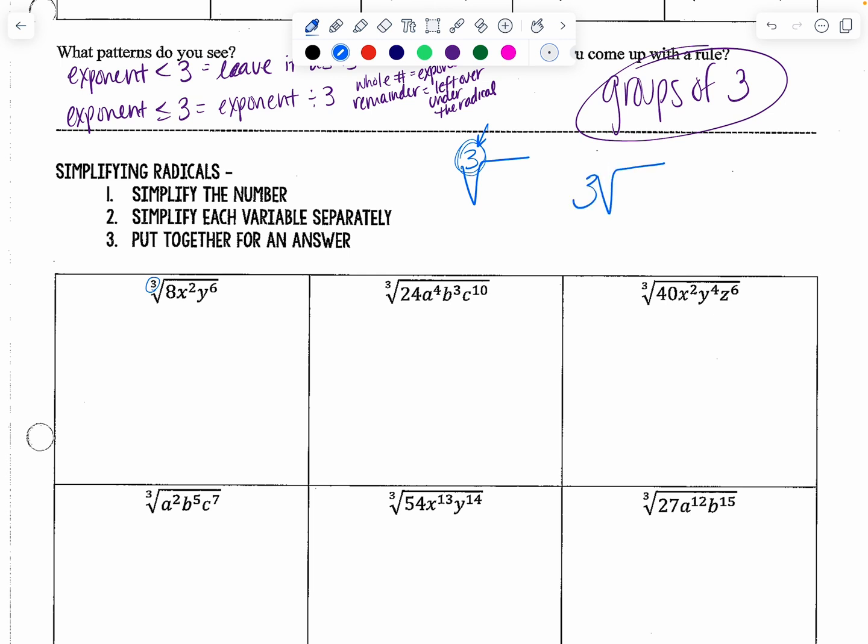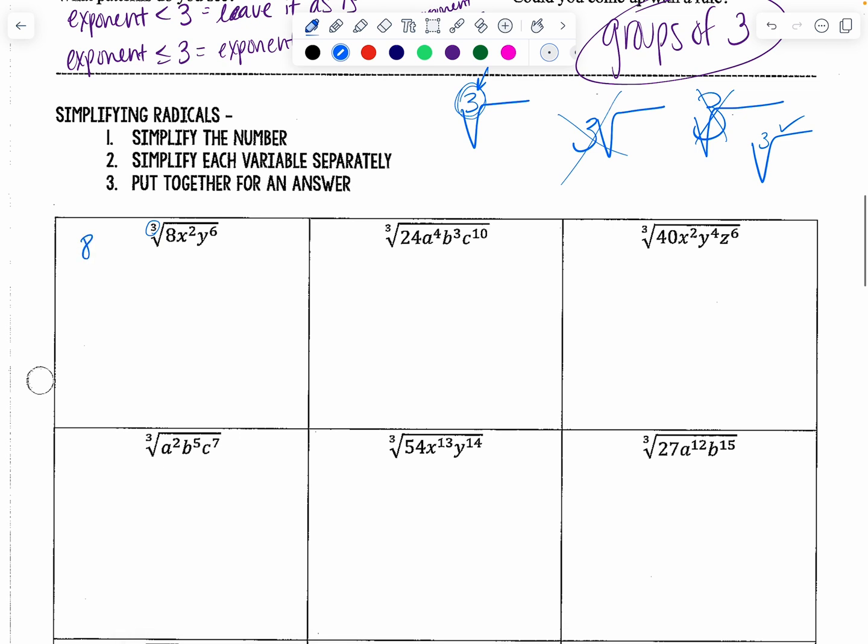Now, when we write this 3, don't write it out front, and don't write it all over the place. It needs to fit right in that nook. Okay, so we're going to start with 8. We're going to do a factor tree for 8, just like before, but now we're looking for groups of 3. I have 3 2s, and do I have any leftovers?